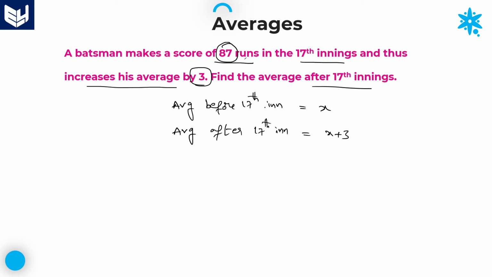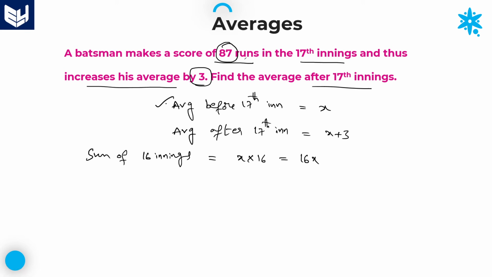Before 17th innings, in the sense up to 16 innings, the average is equal to x. Then the sum of 16 innings is equal to average into number of innings, that is equal to 16x. 16x is the sum of 16 innings.